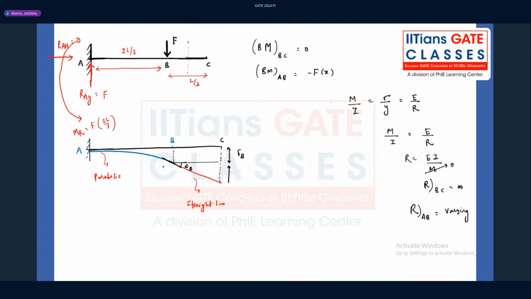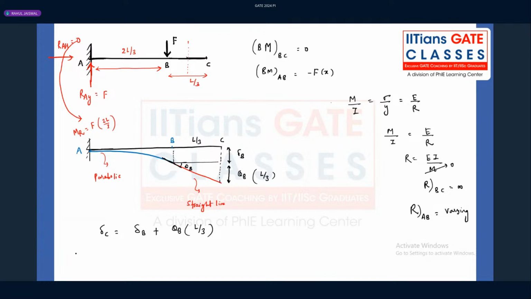So to have continuity, they must have the same slope, right? And what is this value? Theta B into this particular length, which is L by 3. So the static deflection at point C will be delta B plus theta B into L by 3.